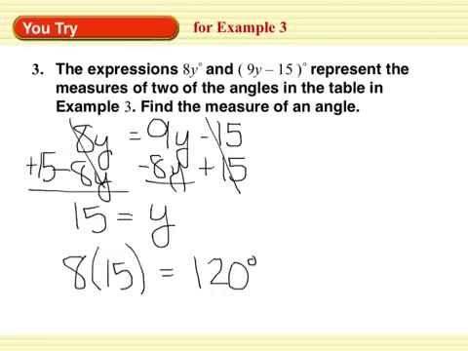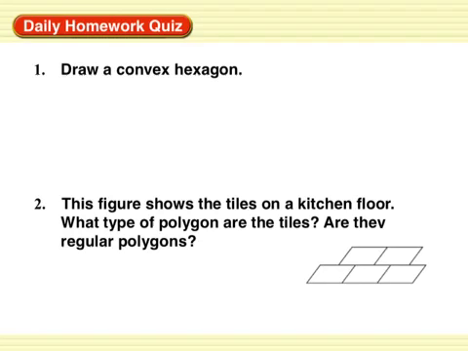Draw a convex hexagon. A hexagon is 6 sides. 1, 2, 3, 4, 5, 6. There you go. This figure shows the tiles on a kitchen floor. What type of polygon are the tiles? Are they regular polygons? What type of polygons?